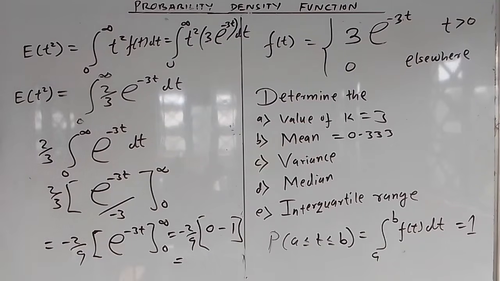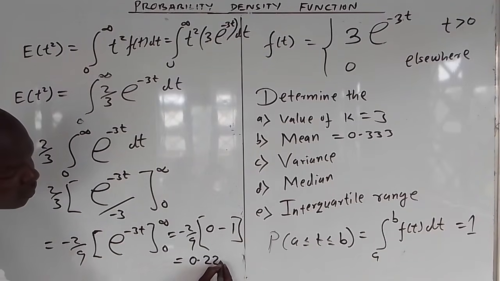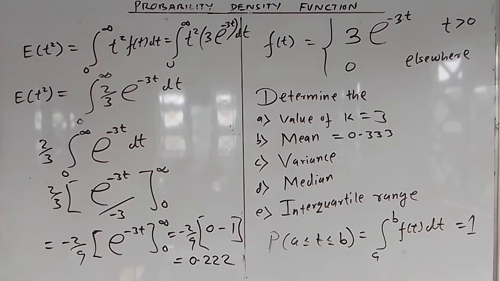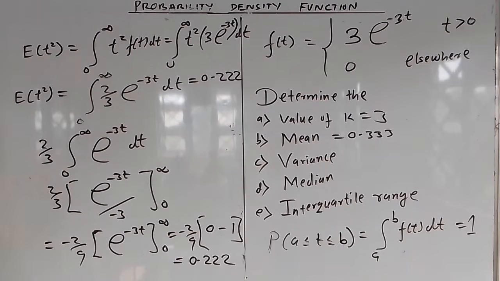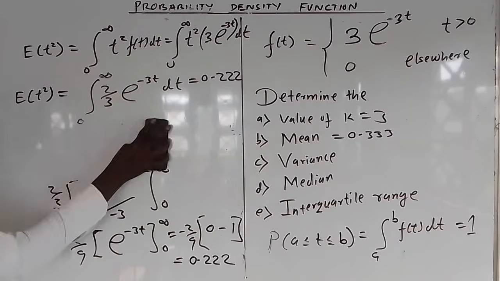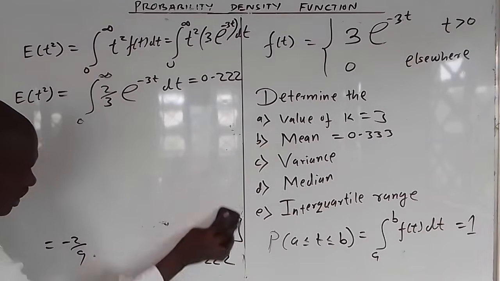What is 2 over 9 in decimal? 0.222, isn't it? So you found the expected value of t squared to be 0.222.